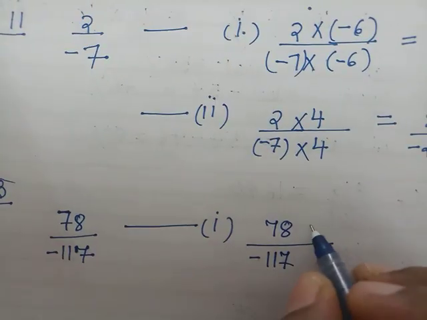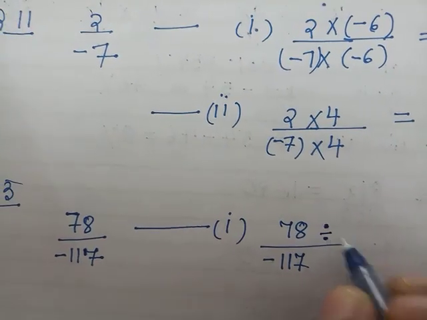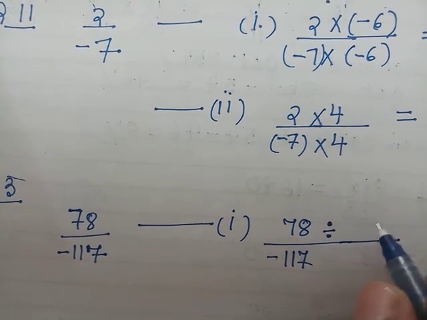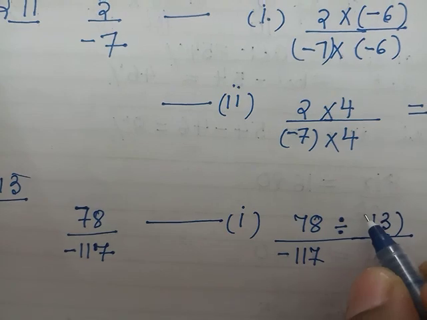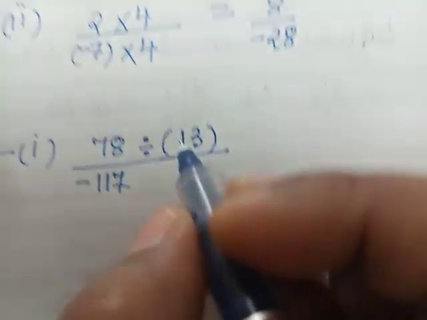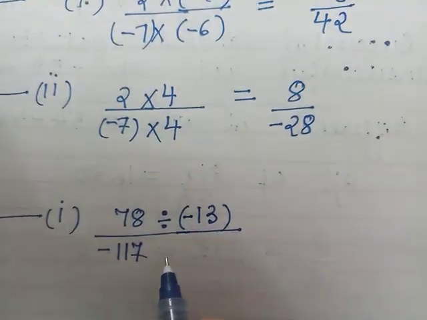So we know very well, 13 6s are 78, so we divide it by 13. As we want negative in the numerator, since they ask for minus 6, to get minus 6, I divide by minus 13.